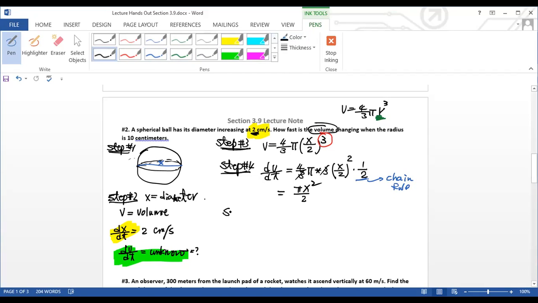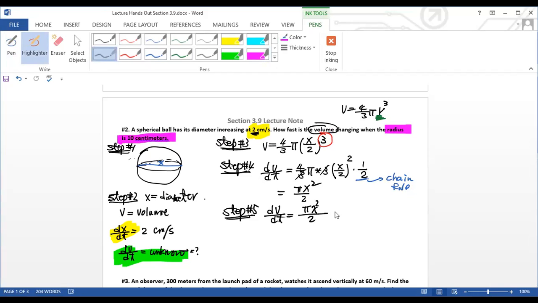Okay, now step number 5. We want to find dV/dt, so dV/dt is equal to pi x squared over 2. Now read here. They said when the radius is 10 centimeters, so this is the given constant, right?